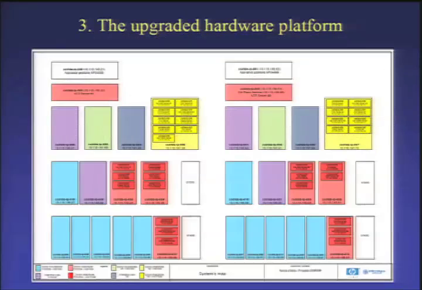Now we have the upgraded hardware platform. At the beginning of this year we upgraded the production cluster. The testing cluster has remained essentially the same. So we added 2 computing nodes on each side, and we also added an extra Lustre server node on each of the 2 sites.